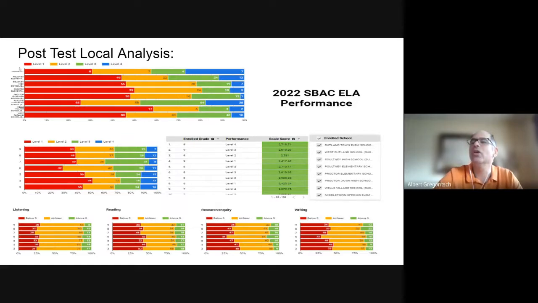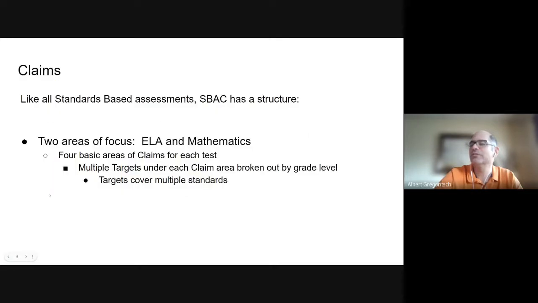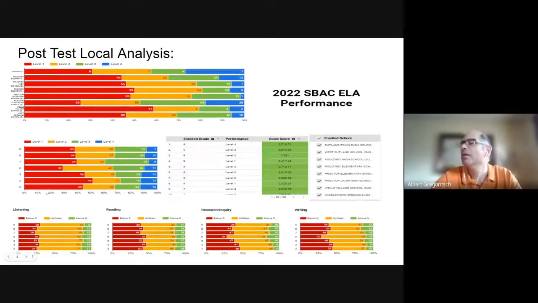These tables show school level performance in terms of who are 3s and 4s, and grade level performance. There's a detailed view table. In this case, I've omitted student names, but we do have the ability to look at individual students to see how they scored on the test and what their level was.